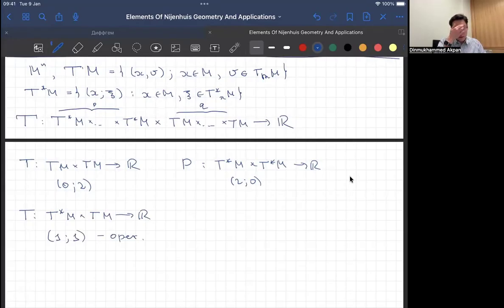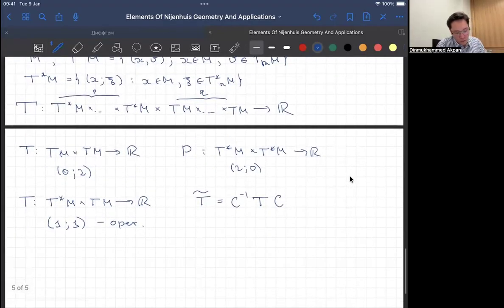Probably the easiest way to explain why it's an operator is to look at how a tensor of type (1, 1) changes under a basis change in linear algebra. It changes absolutely in the same way as operators do in a new basis: the transition matrix inverse, times the operator in the old basis, times the transition matrix.